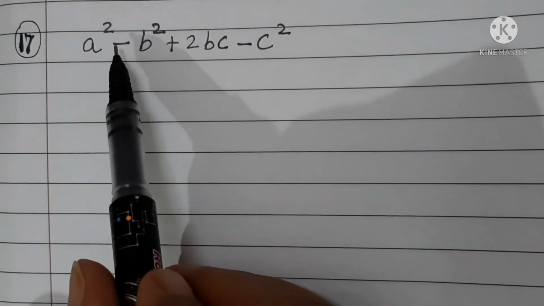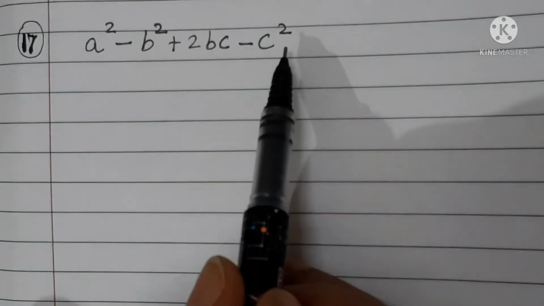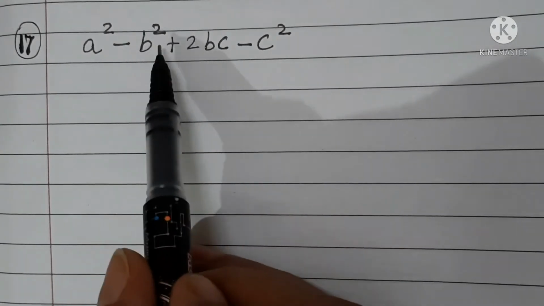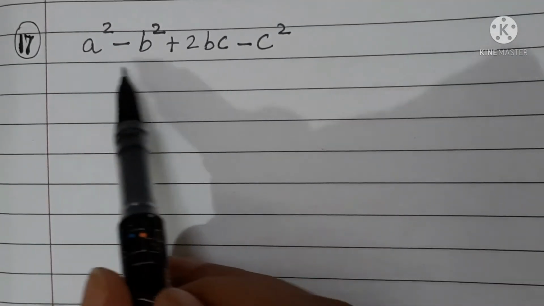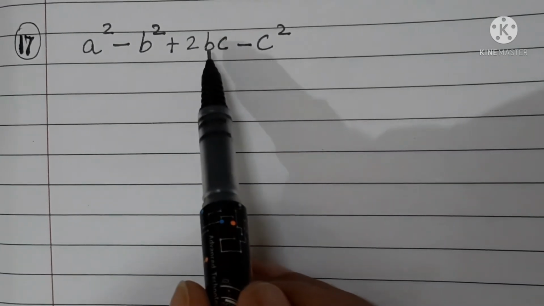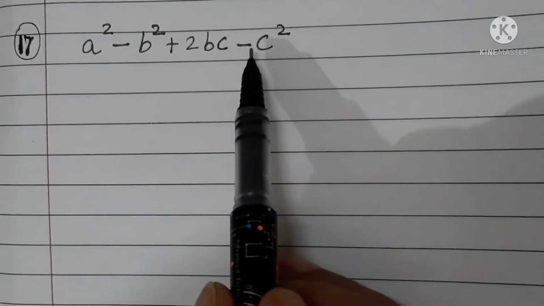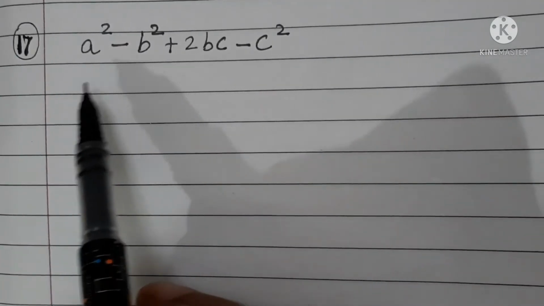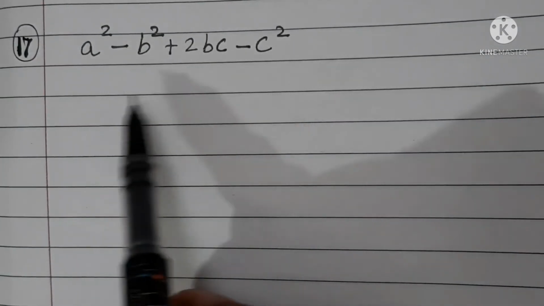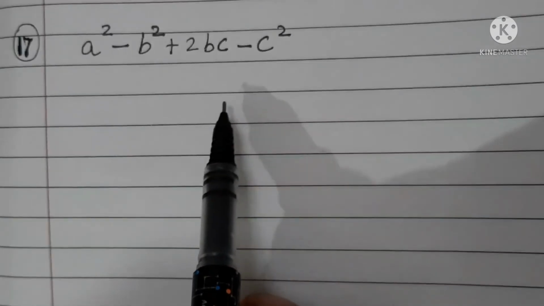Question number 17: a² − b² + 2bc − c². It is somewhat different. Don't use a² − b² = (a + b)(a − b) here, because seeing the other terms, you will not use the identity a² − b² here, and from the next terms you can't take a common factor from the two terms.